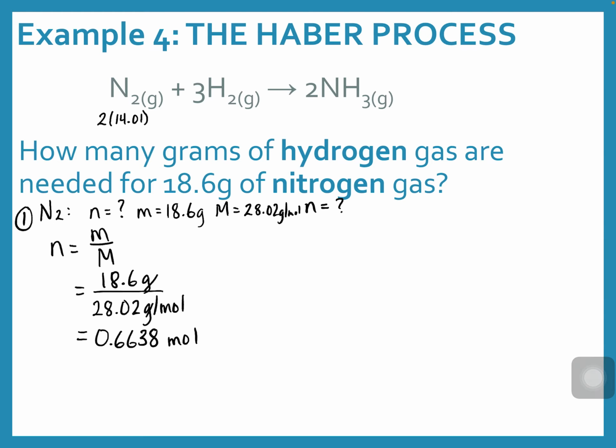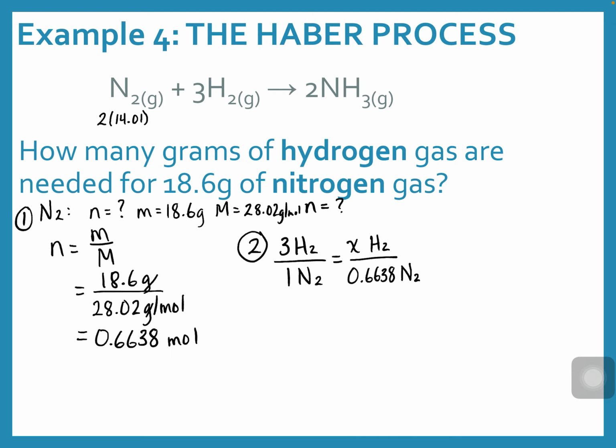So my second step is to use my mole to mole ratio. I have in my balanced equation 3 moles of hydrogen for every 1 mole of nitrogen, and I want to figure out how many moles of hydrogen 0.6638 moles of nitrogen are.